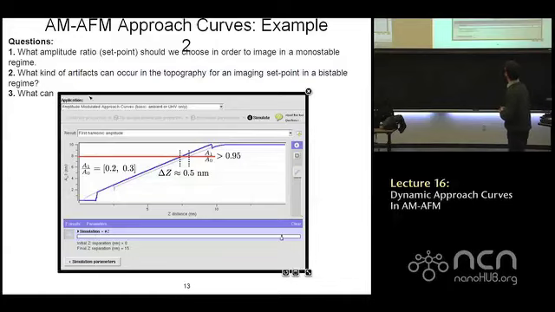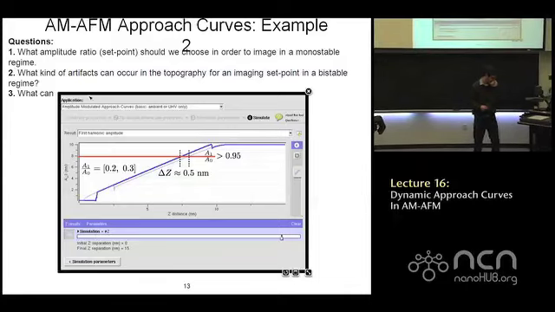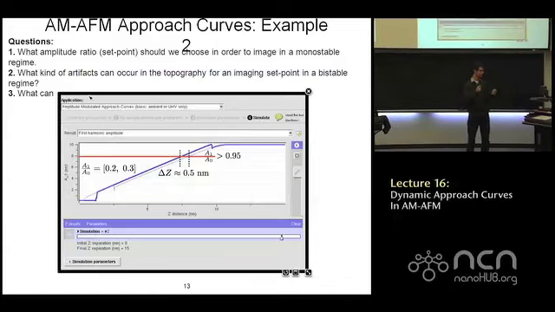So if we chose the set point ratio at, say, about 80%, you can get a transition back and forth between those two stable oscillation states, and that can be an imaging artifact. Here about half a nanometer can result from that, which is clearly undesirable.